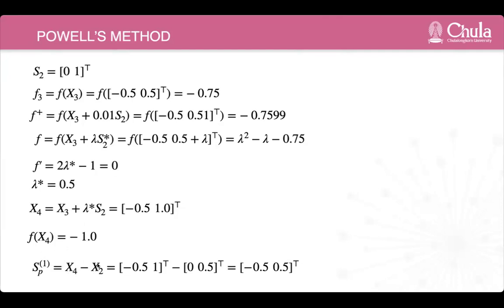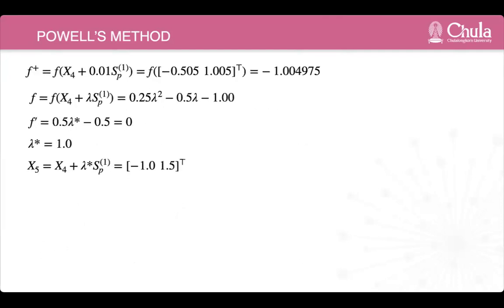From the fifth iteration, our direction changed, because in the first four iterations we don't have any information.